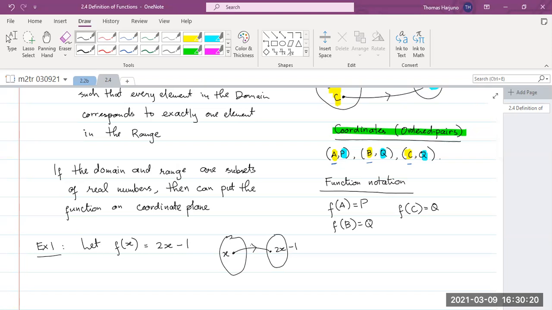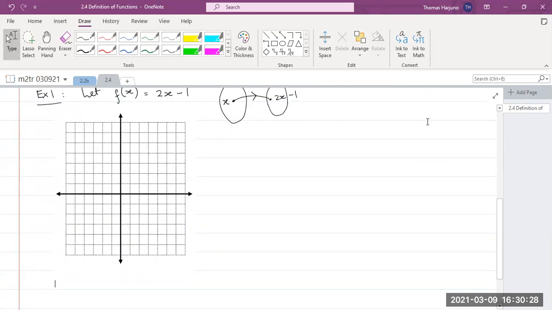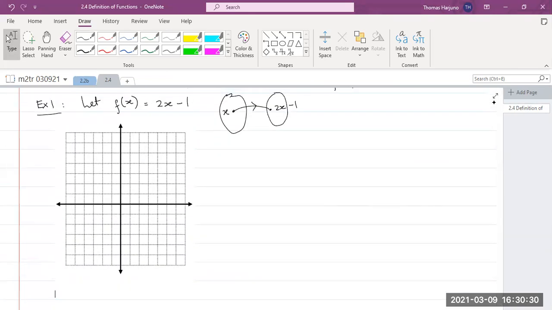Okay, now the thing is there are a lot of x that we can use for this function. Now then you will see, for example, when x equals 0, let's see, f(0) is what? f(0) is -1, right? f(2), for example, that's 2 times 2 minus 1, that's 3.